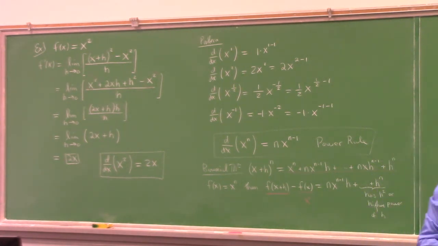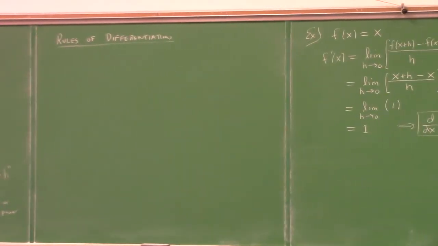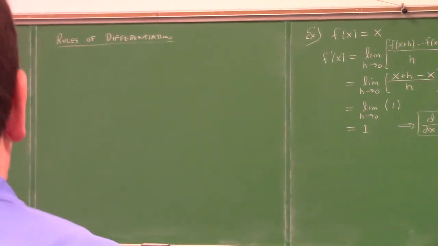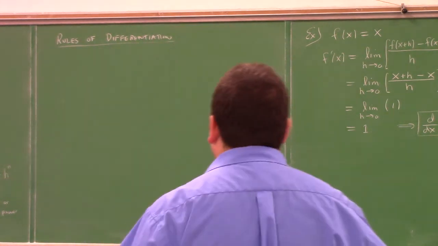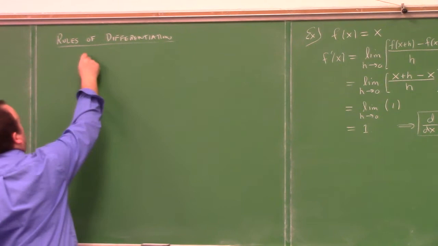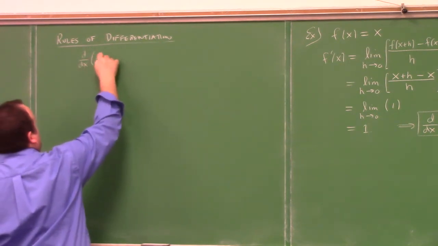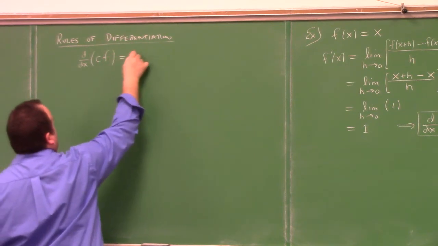One of the rules of differentiation, of course, is the power rule: the derivative of x to the n is n times x to the n minus 1 power. But there are other rules, and I'm not going to prove these today, but I'll just state them for you. If you have a constant times a function, you can pull the constant out.